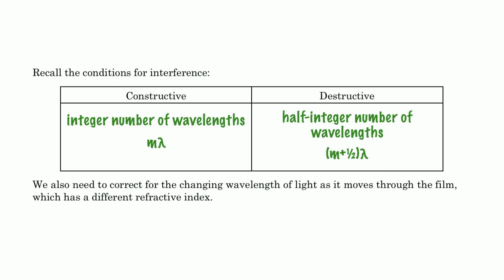When the light enters the film, we do need to account for the fact that the wavelength changes when it goes into the new medium. But basically what we're looking for is, does the thickness of the film have an integer or a half integer number of wavelengths? And is it going to create a path difference that interferes constructively or destructively? Okay, so that's the first thing to keep in mind.